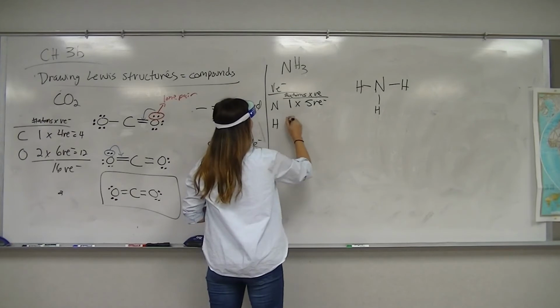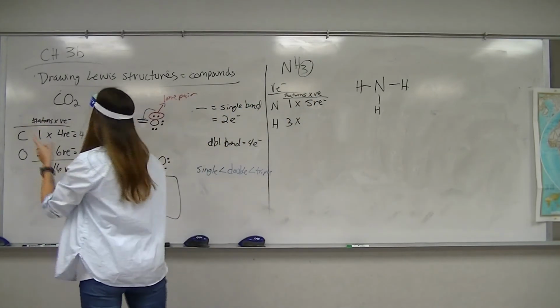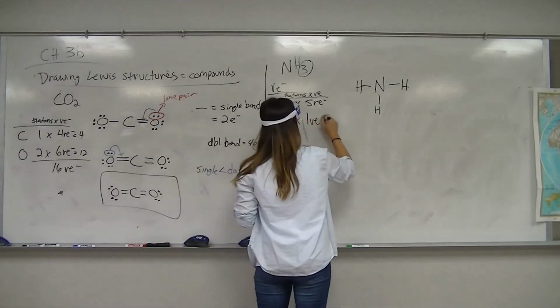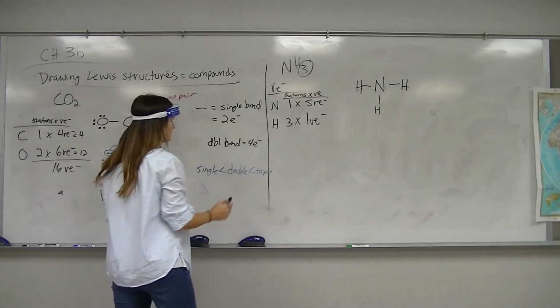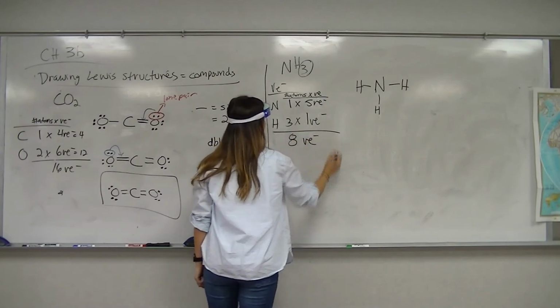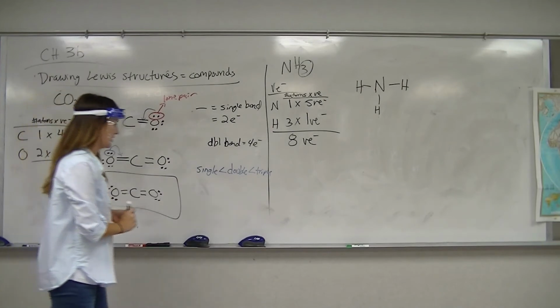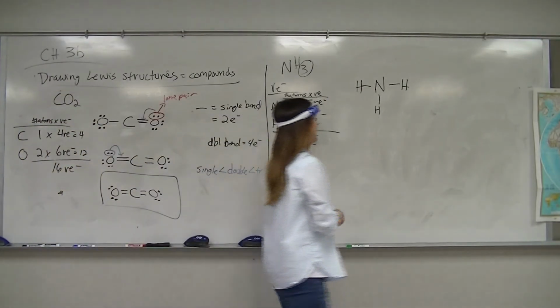Hydrogen is 3 atoms, with 1 valence electron each. 8 total valence electrons.